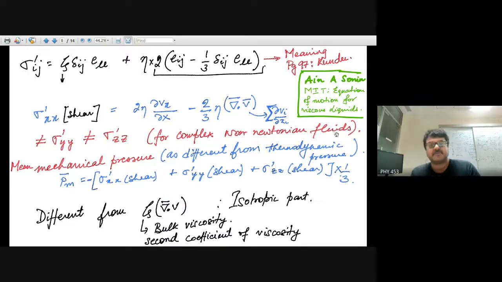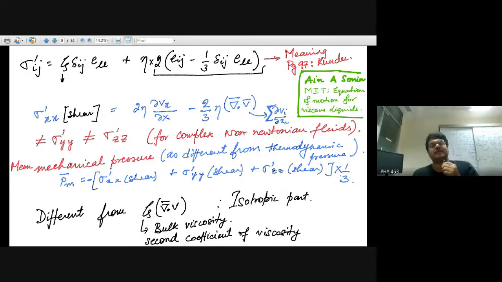This will be true only for complex Newtonian fluids. And then you can define something called the mean mechanical pressure as different from the thermodynamic pressure, right? And this mean mechanical pressure is basically these terms times 1/3.